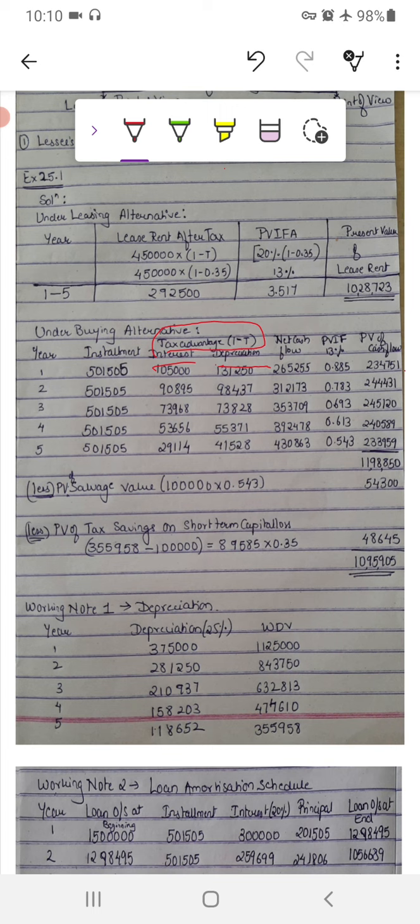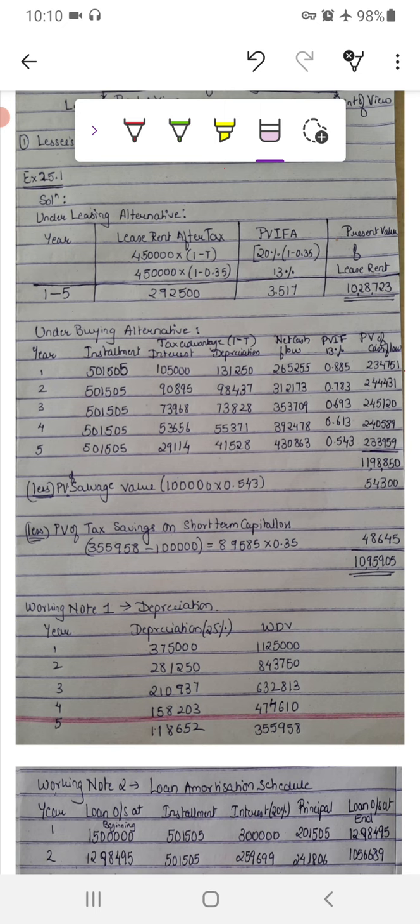So you can save tax on depreciation as well, and that is the reason why you need to calculate tax advantage on interest and depreciation. Now the question is, do we know the interest and depreciation? No, we have to calculate that.